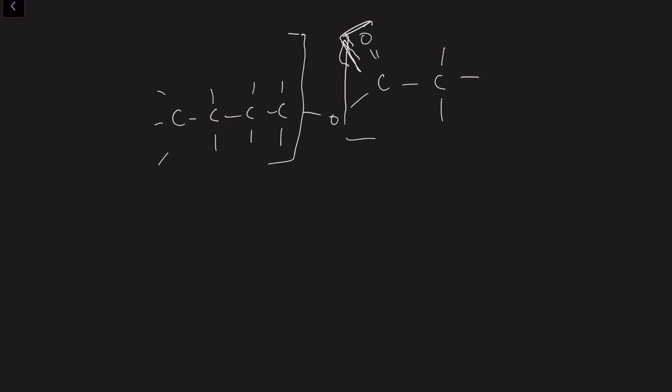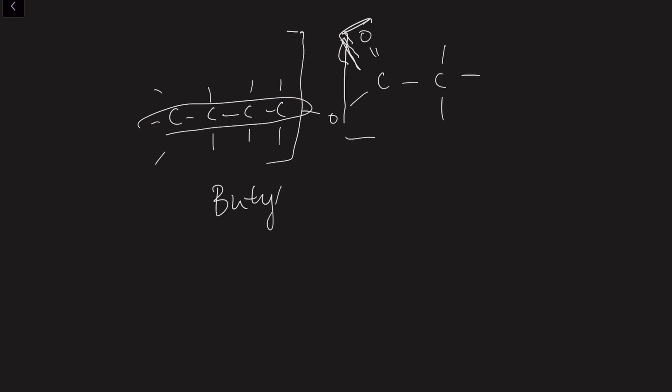Because we know it has 2 parts, the first part, which has 4 carbons, is the alkyl group, so the name is butyl. And the acid part only contains 2 carbons, so we know it is ethanoate. So the name is butyl ethanoate.